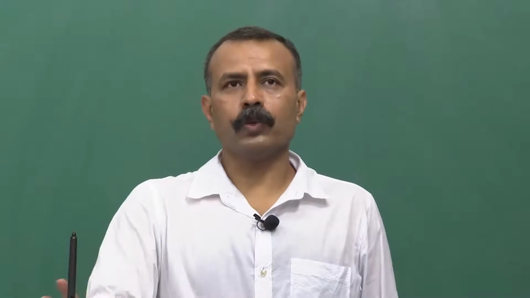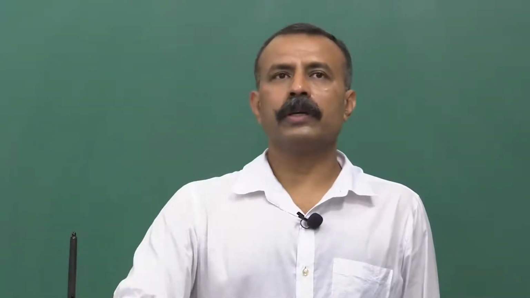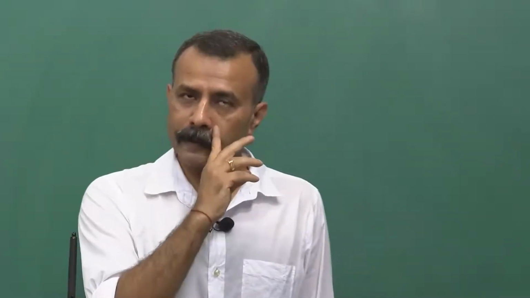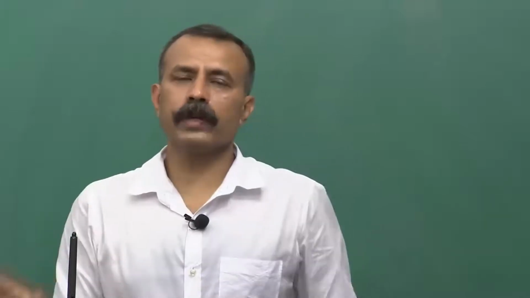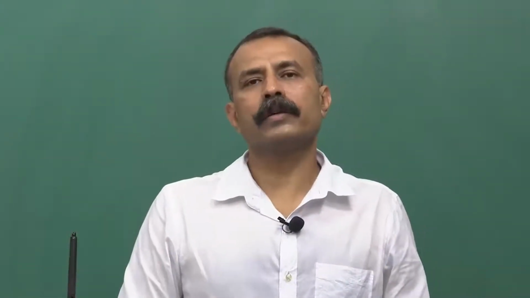So, do not think that I have not covered it. While I will be teaching about muscle, I will cover that part where we will have a one-to-one correlation, but in a nutshell, if you have to understand, it is very simple.